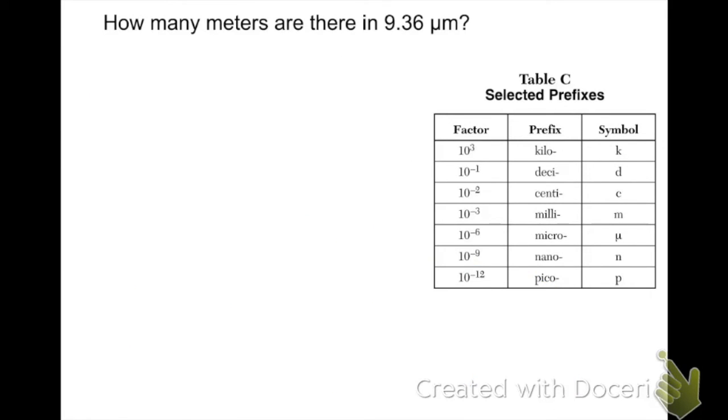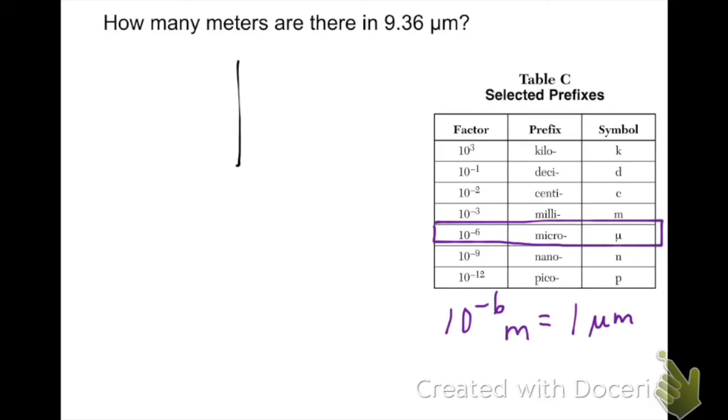Next one would be, how many meters are there in 9.36 micrometers? Step 1, you're going to create your conversion factor. So we're using the prefix micro. So we've got 10 to the negative 6 meters equals 1 micrometer.